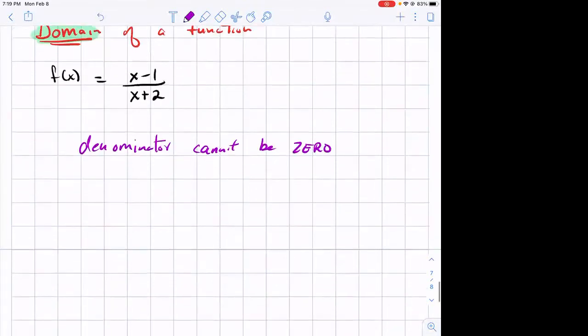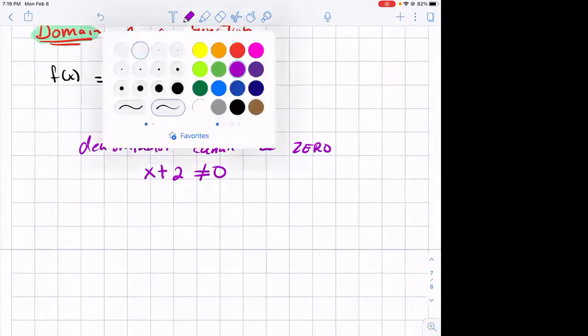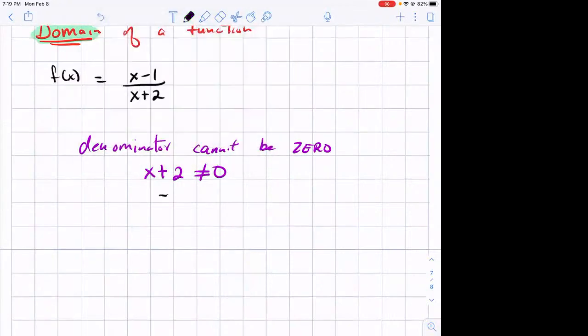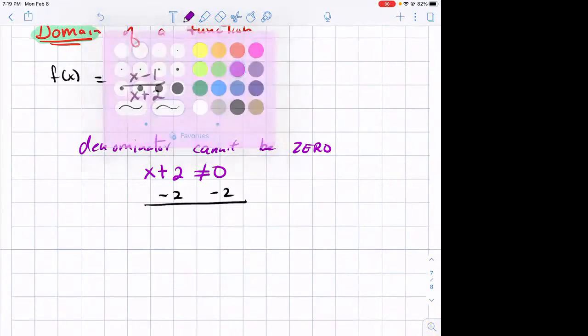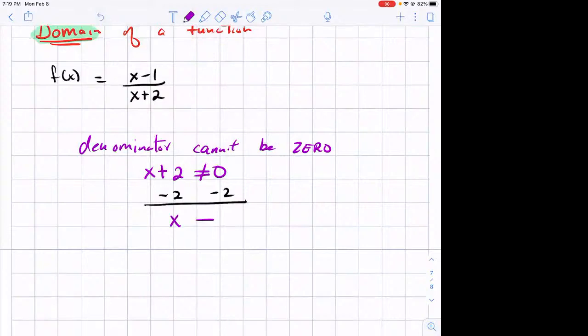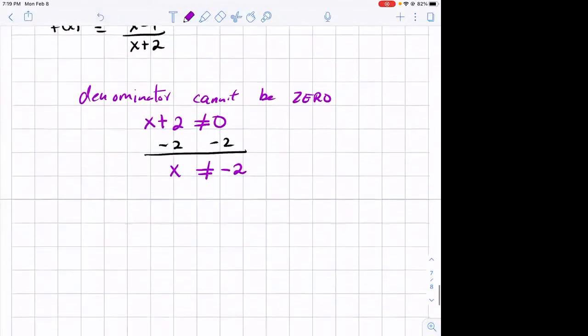So that means that x plus 2 cannot be equal to 0. And what x value will make this happen? Well, if we subtract 2 on both sides, we will see that x cannot be equal to negative 2.